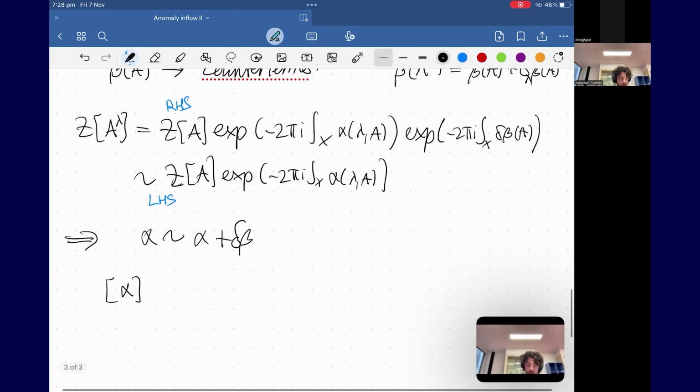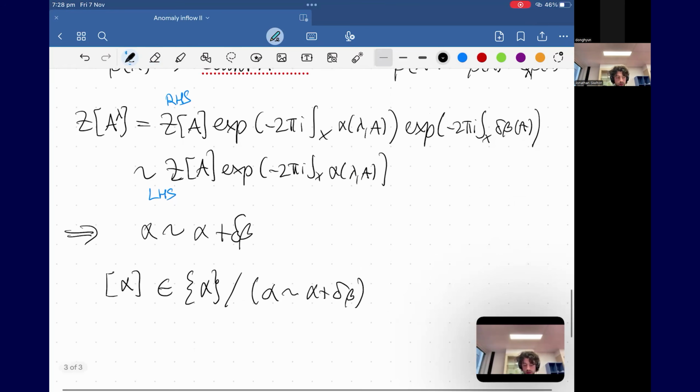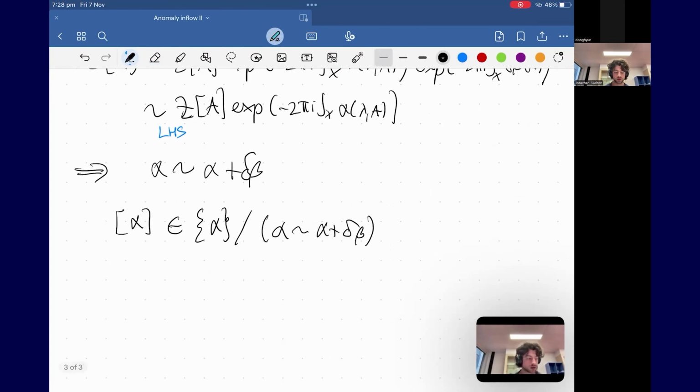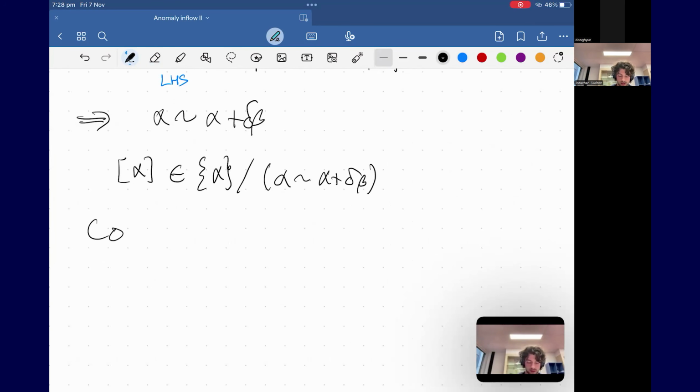So then these are going to define a cohomology where the equivalence classes are the total set of anomalies, modded out by all of the equivalence relations. In particular, the bit that I don't quite understand, but they say that this defines a discrete cohomology.